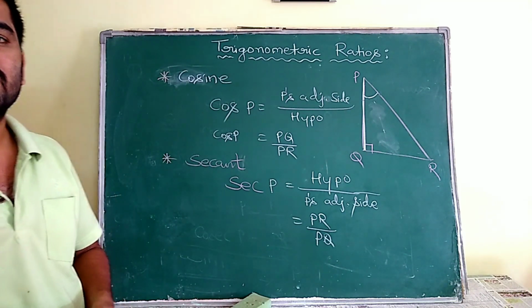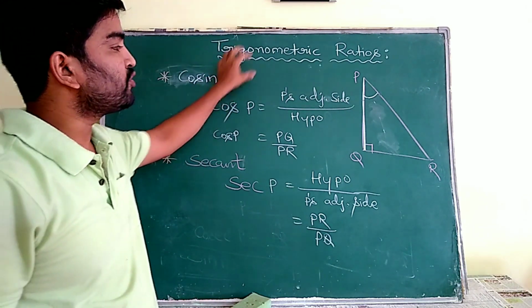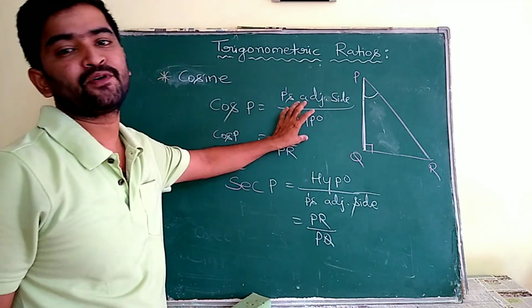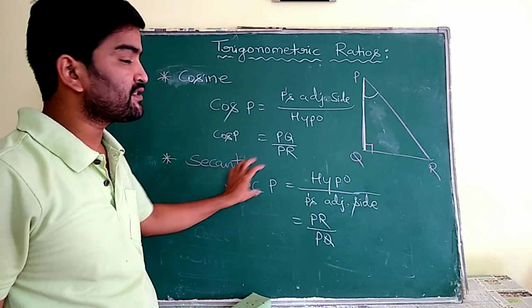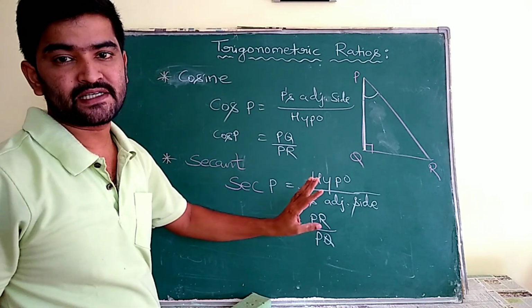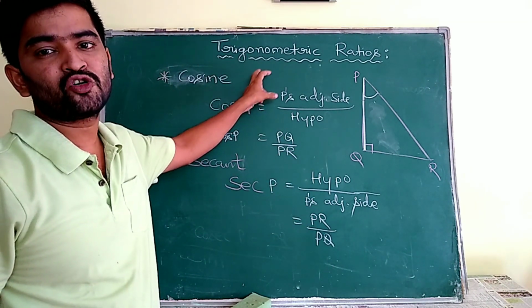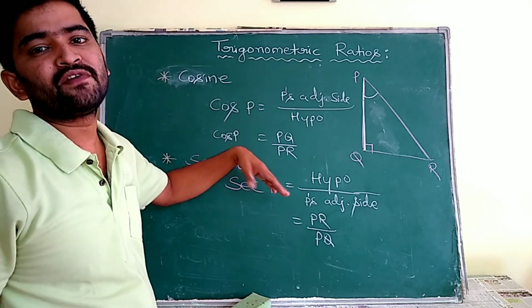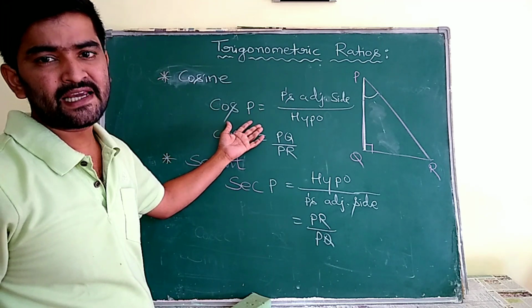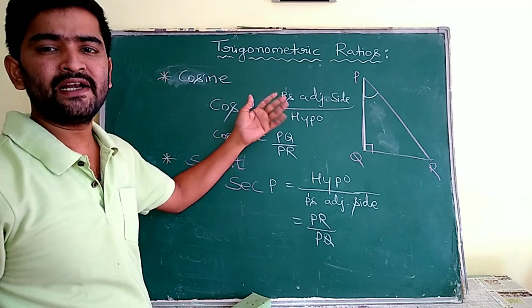We have to remember that cos p is equal to p's adjacent side by hypotenuse, and secant p is equal to hypotenuse by p's adjacent side. These are going to be remembered as formulas. If we know this, we may write the secant or cos values for any triangle.